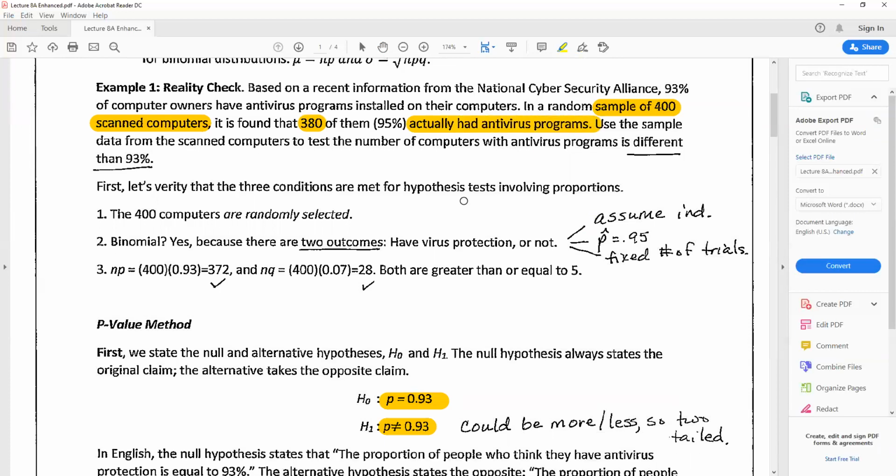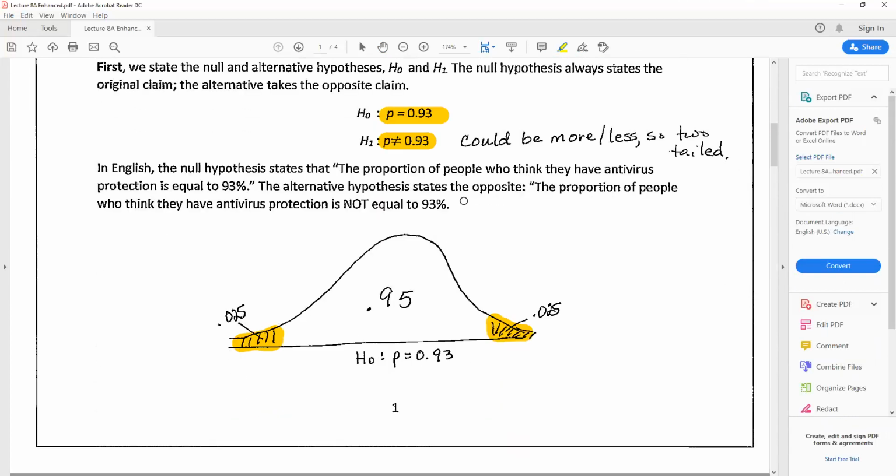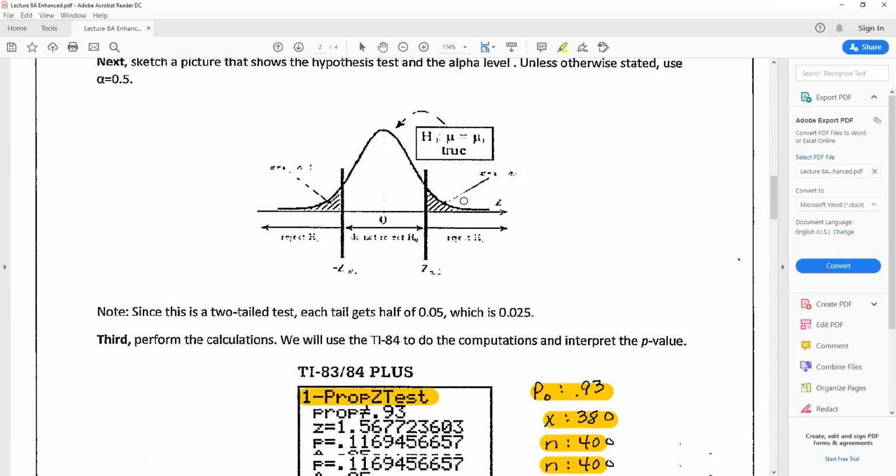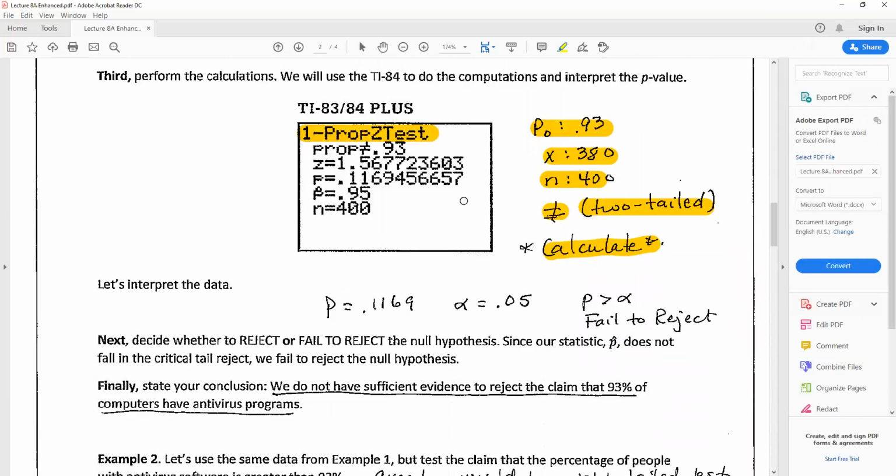So x is going to be 380 and n would be 400. Notice that not only do we get a z-score, which we could use, but let's look at the p-value. The p-value is 0.1169, and 0.1169 is greater than 0.05.